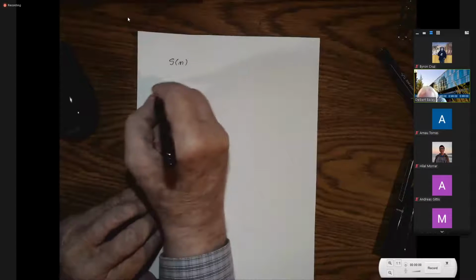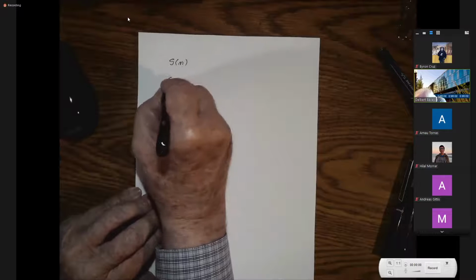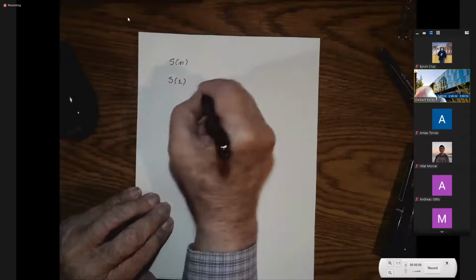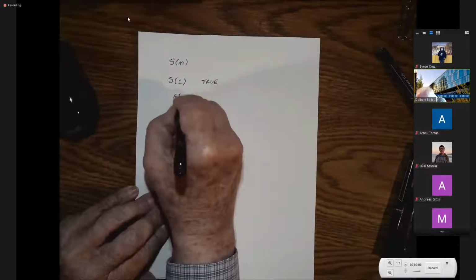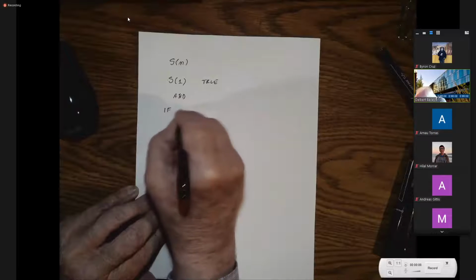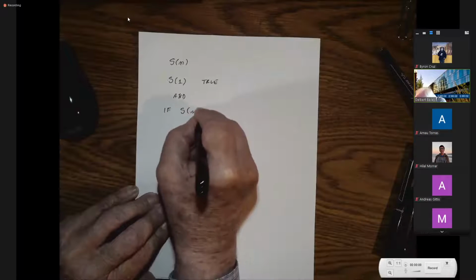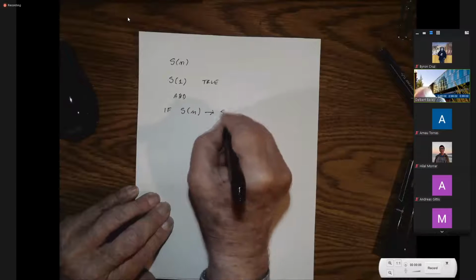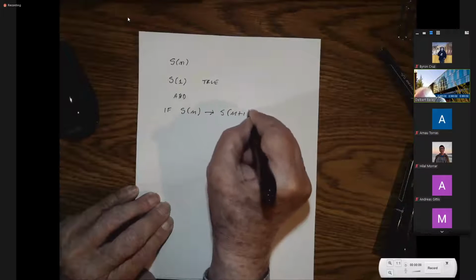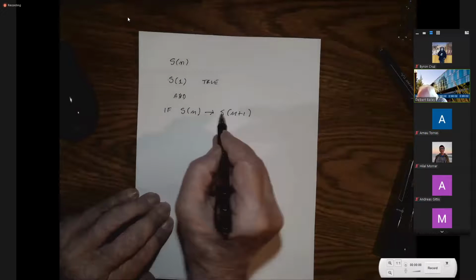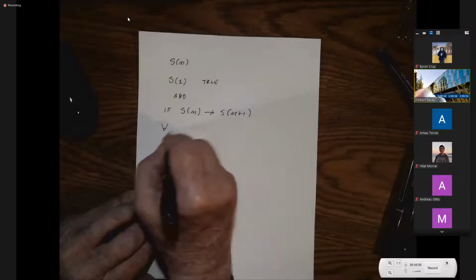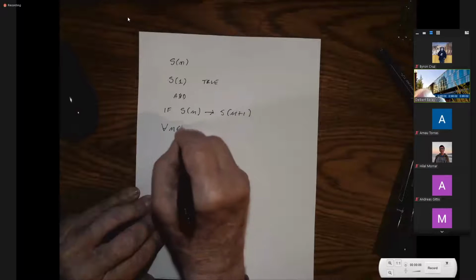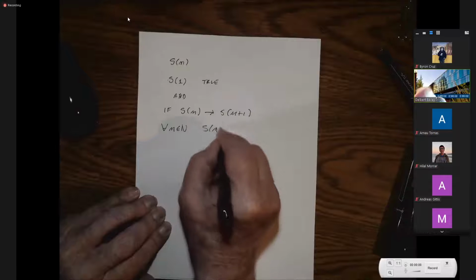If we can show that the statement S(1) is true, and that if it's true for n, then it's true for n plus 1, then we can conclude that for all natural numbers n, S(n) is true.